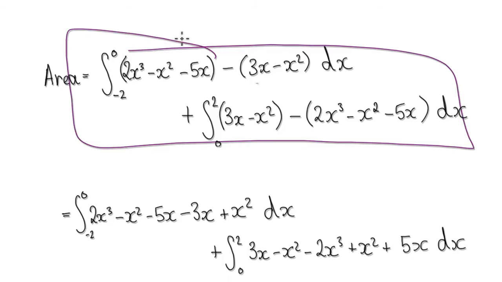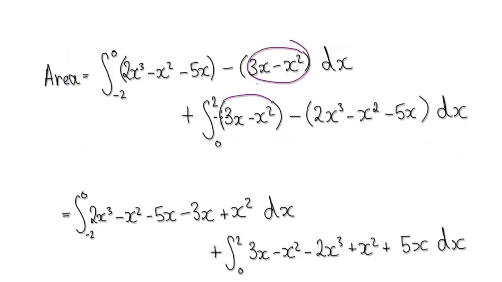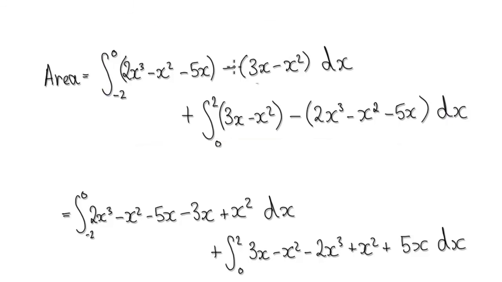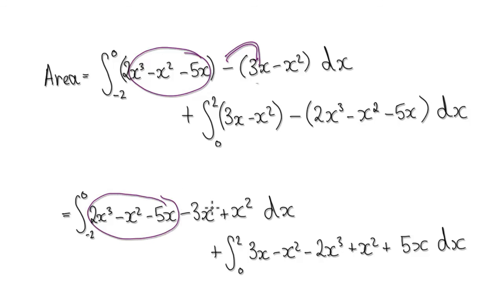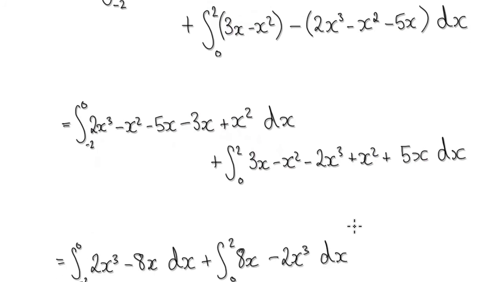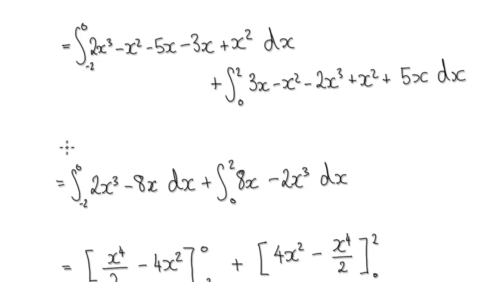So this is your red, and this is your blue, and then this is your blue, this is your red. So now the whole area is given by this. Now it's just a matter of tidying this up. This is your red here, and then you take away, and then you plus this, and then this thing here will simplify to this, and then tidy this up. It will then give you this.